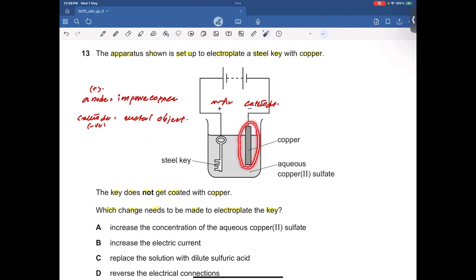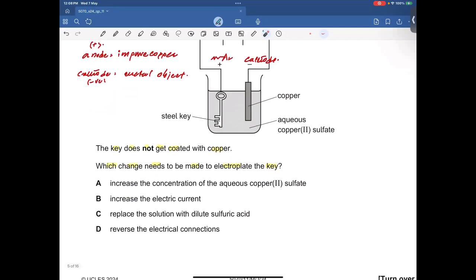It has to be at the anode, so this has to be the positive charge. This is your metal object, it has to be at the cathode, which means it has to be the negative charge. It has to be negative, right? So क्यों नहीं कर रहा वो इलेक्ट्रोप्लेट, क्यों नहीं हो रहा? क्योंकि आपने टर्मिनल्स जो हैं वो स्वैप कर दिए हैं. तो ये टर्मिनल्स जो हैं वो स्वैप होने, टर्मिनल्स जो हैं वो चेंज होने चाहिए.